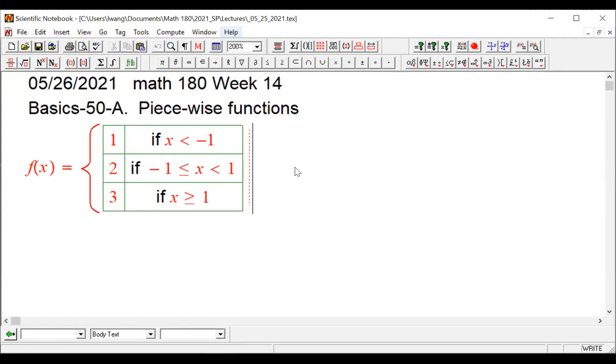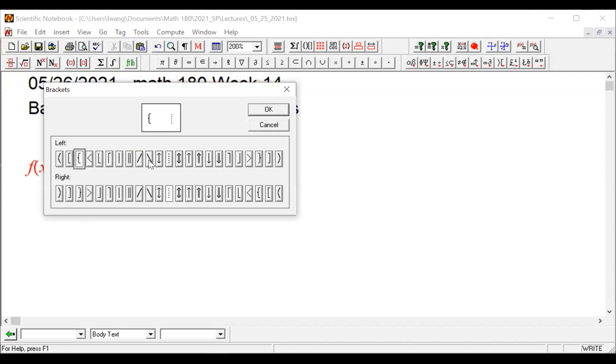So you must understand piecewise functions. What does this mean? A piecewise function is not new to us. You have actually seen it before. Remember f of x equals absolute value of x that we have done before? That's a piecewise function.